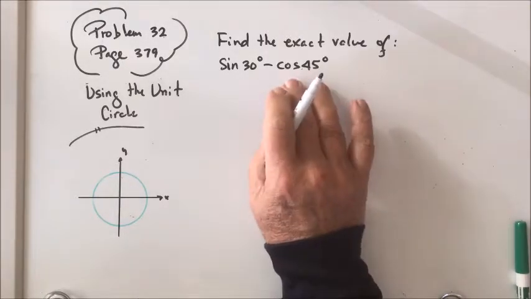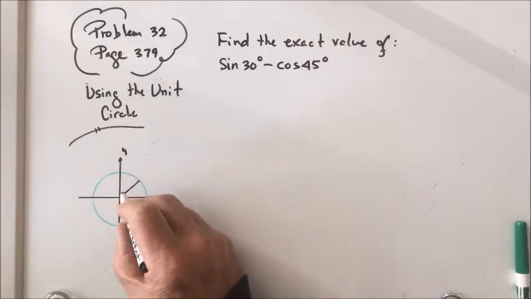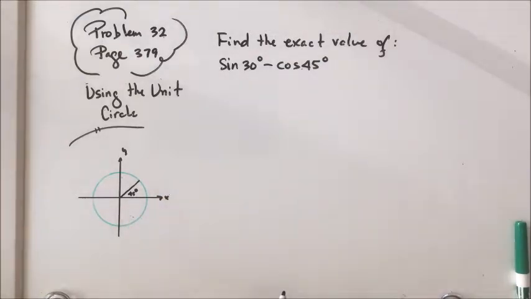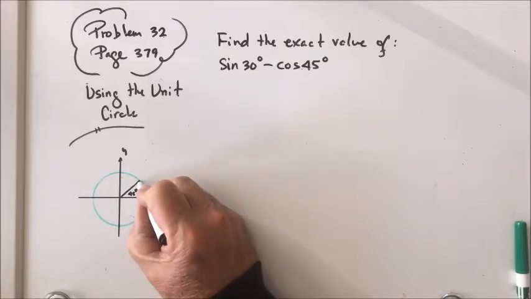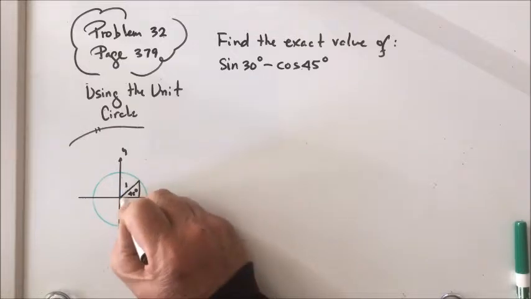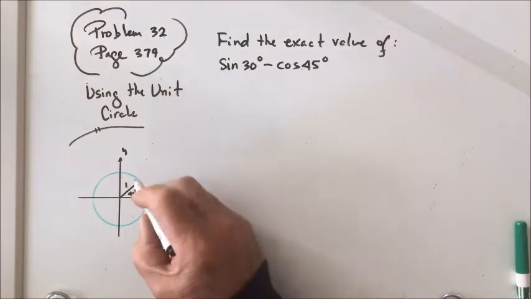Let's actually start with cosine 45, just because it's a little easier for me to draw a 45-degree angle here on the unit circle. It's much easier to draw than it's going to be to erase. But remember that what's cool about the unit circle is that the radius is 1, so it's called the unit circle.